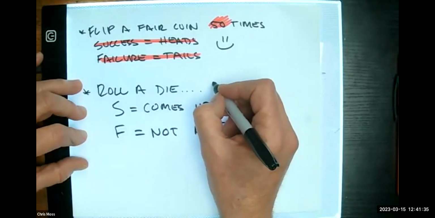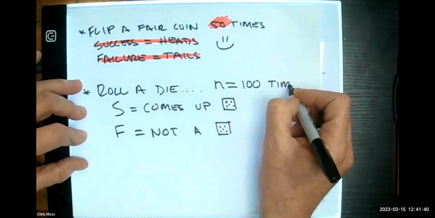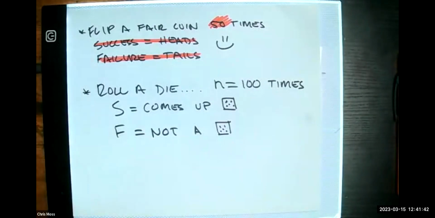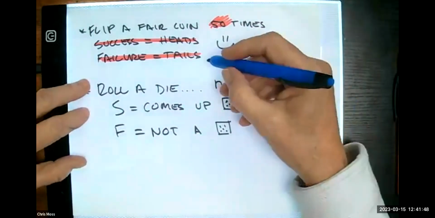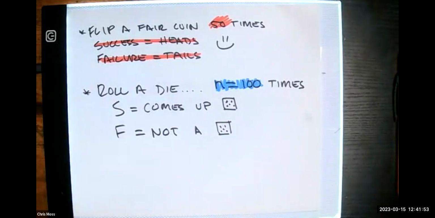And we're going to roll this, and I'll use n equals 100 times. Is this an example of a binomial distribution? Do we have it set for a fixed number of rolls?